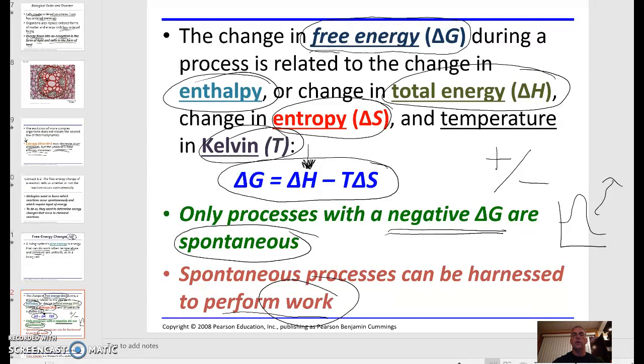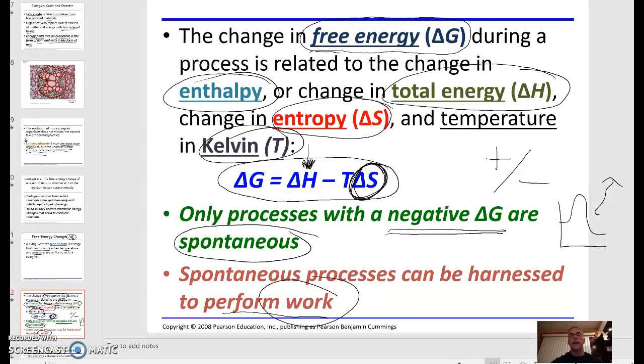When we put those concepts together, we're going to end up with a delta G that's either positive or negative. If we look at different scenarios in which we could have a positive delta G, one of the things that would give us a positive delta G is if this value right here ends up being a negative value.